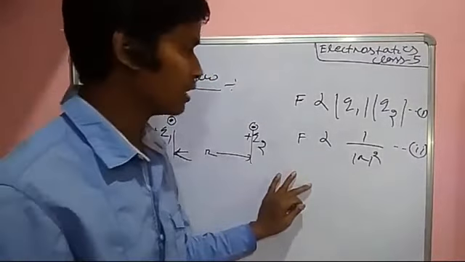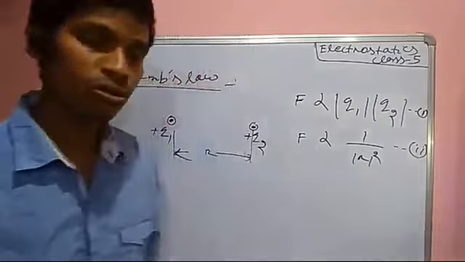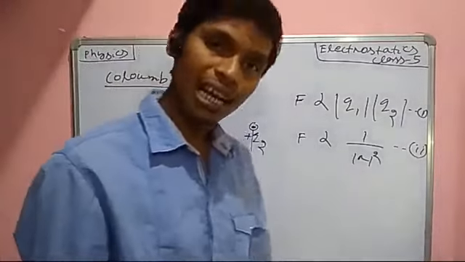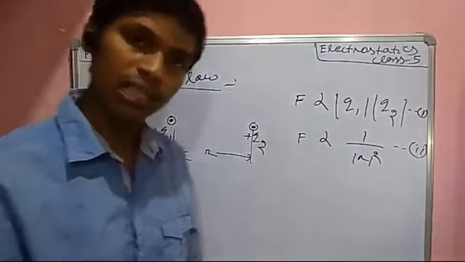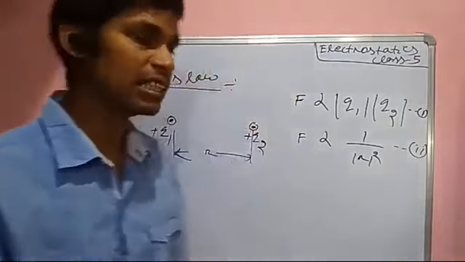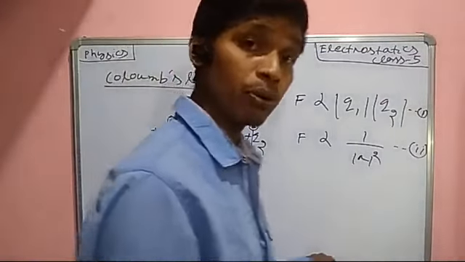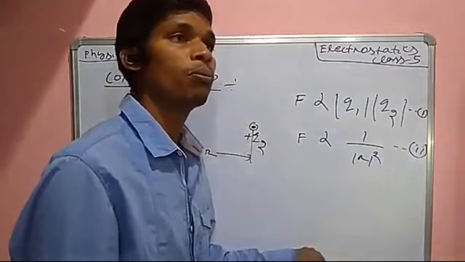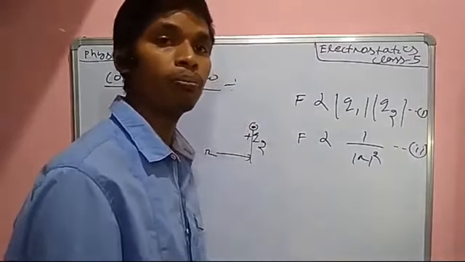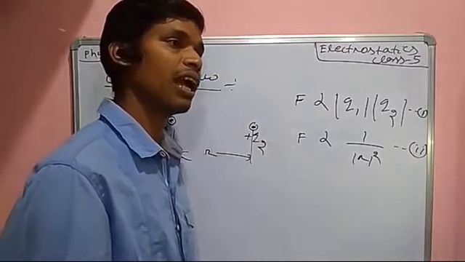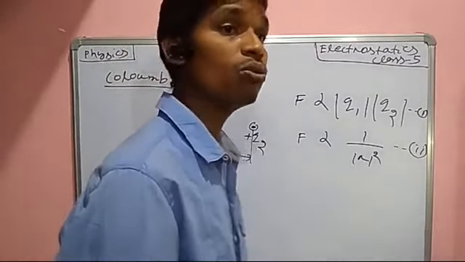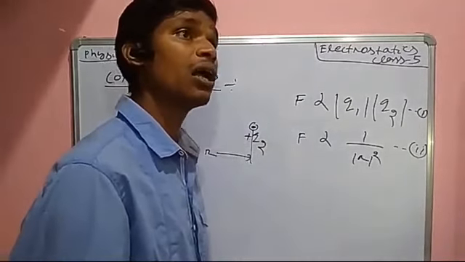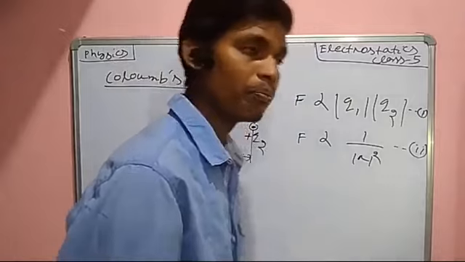You can write Coulomb's law: it states that the force of attraction or repulsion between two charges at rest is directly proportional to the product of the magnitude of the two charges and inversely proportional to the square of the distance between them.